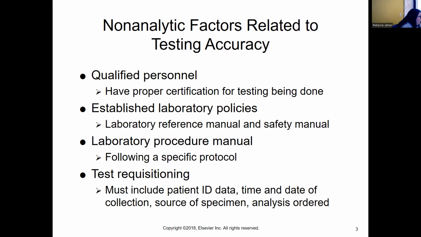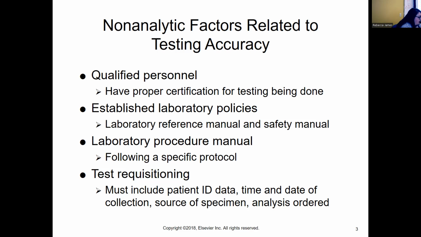So what that's saying is a nurse cannot perform moderate and high complexity testing. Okay. They can perform waived testing, but they cannot perform moderate and high complexity testing. Establish laboratory policies.